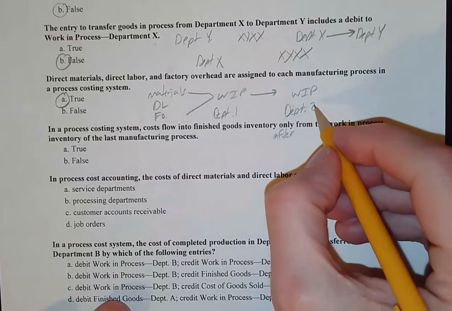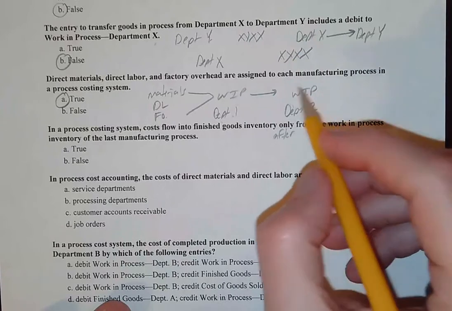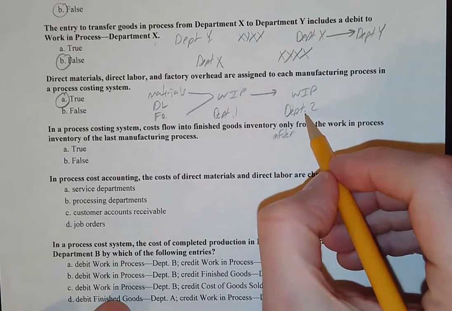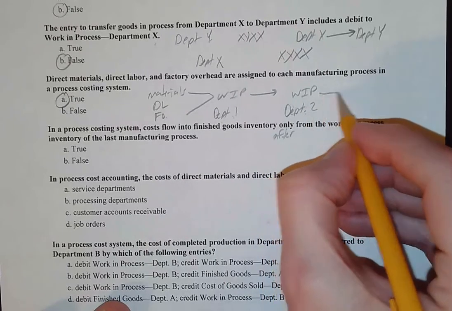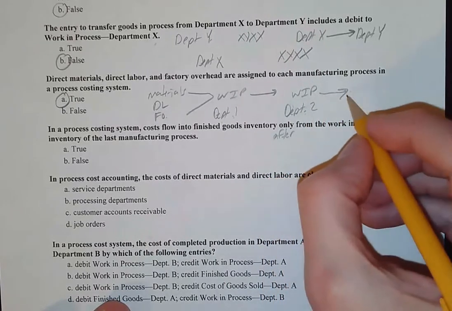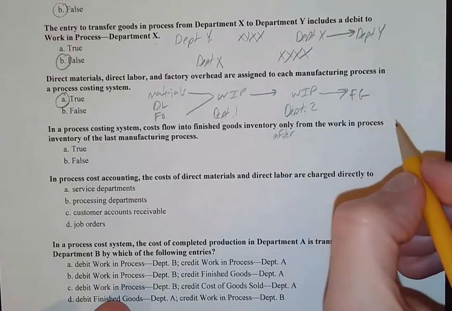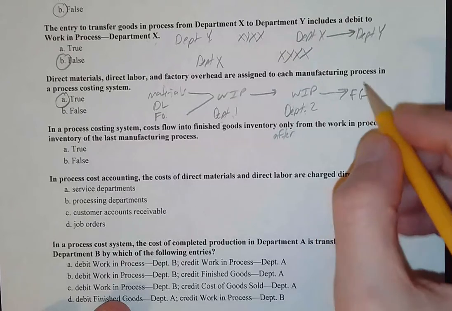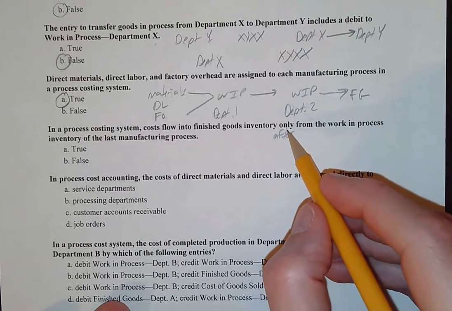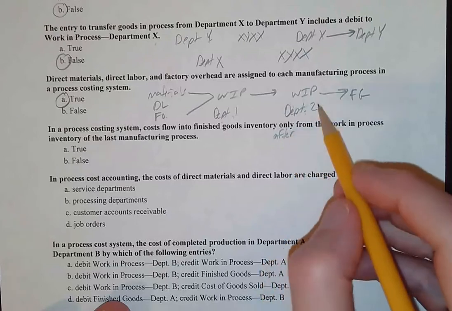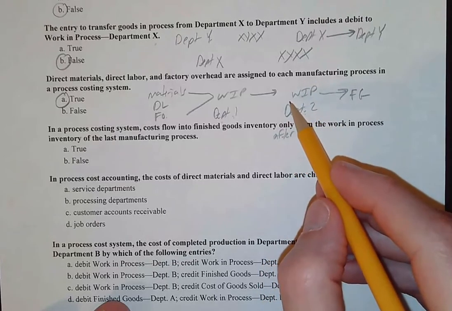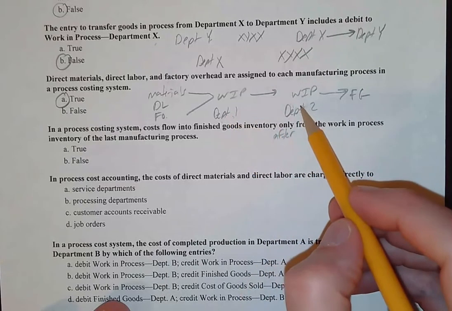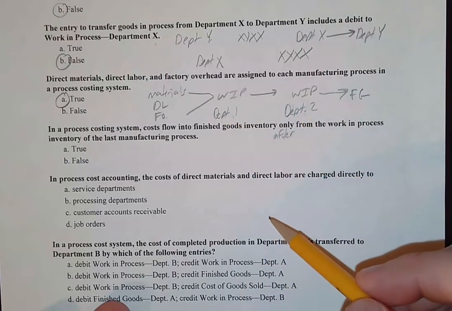And then, like using the ice cream example, we had the mixing department was our Department 1, and then the packaging department was Department 2. When we're finished here, at this point in time, we would go into finished goods. Okay, so the way this reads, it almost reads as if we're only going to count Department 2's cost, but that's not true, because these costs from Department 1 are over here in Department 2 as total product costs.